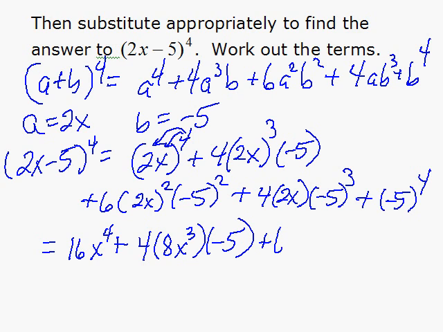The next one will be 6, and then (2x) squared is 4x squared. This is what I see most often, people not pulling that exponent all the way through. And if you use parentheses, you have less of a chance of a problem. Now we have (minus 5) squared.